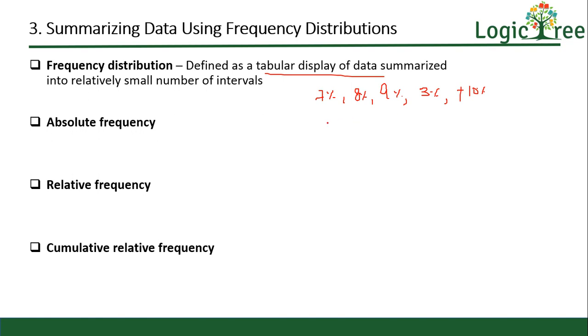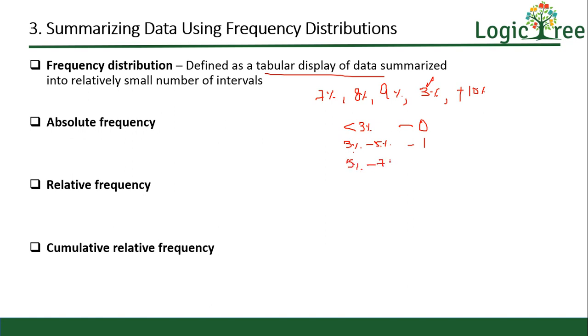Now to summarize this, I can make the intervals. Let's say the first interval is for any returns that are below 3%. Next is 3% to 5%. So below 3% I have 0 stocks. Between 3 and 5 I have 1 stock.